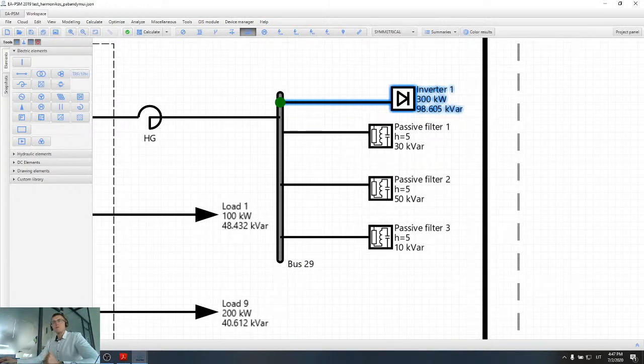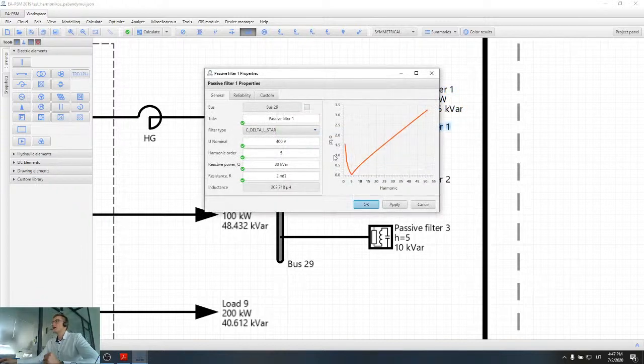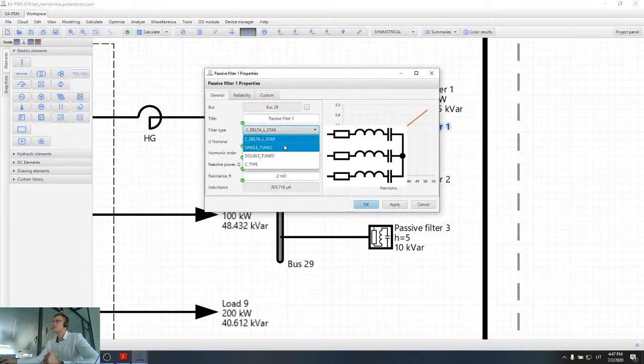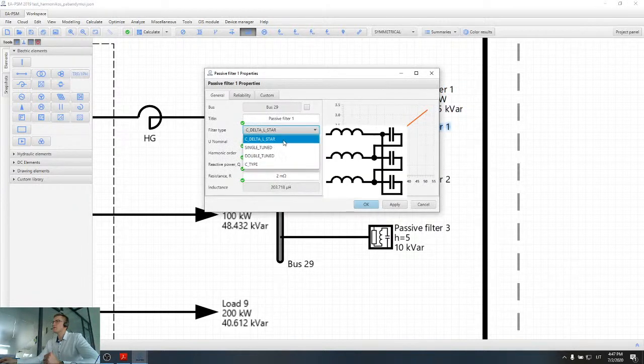Then there was a question whether we can connect a filter to 20 kilovolt and 66 kilovolt. For high voltage filters you need to use different applications, because capacitors might not be capable of withstanding this high voltage. For example, if we have delta connected capacitors, each capacitor will get the 66 kilovolt voltage level.